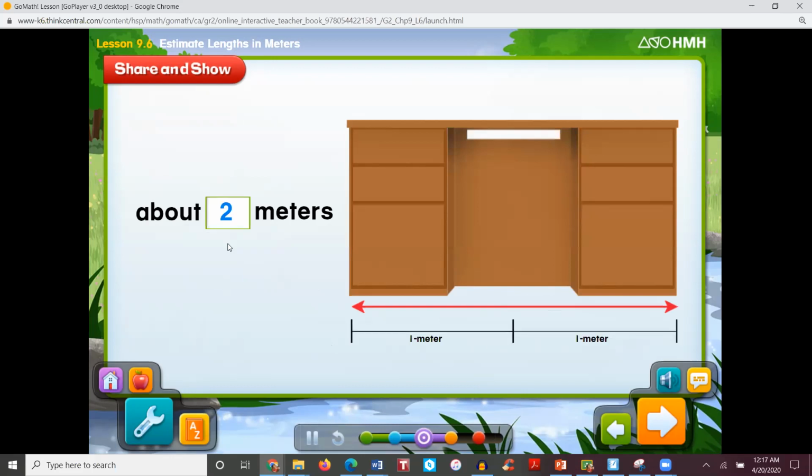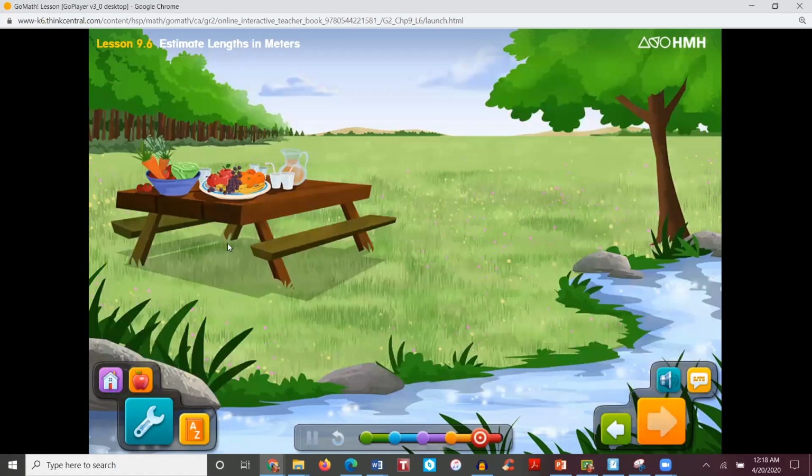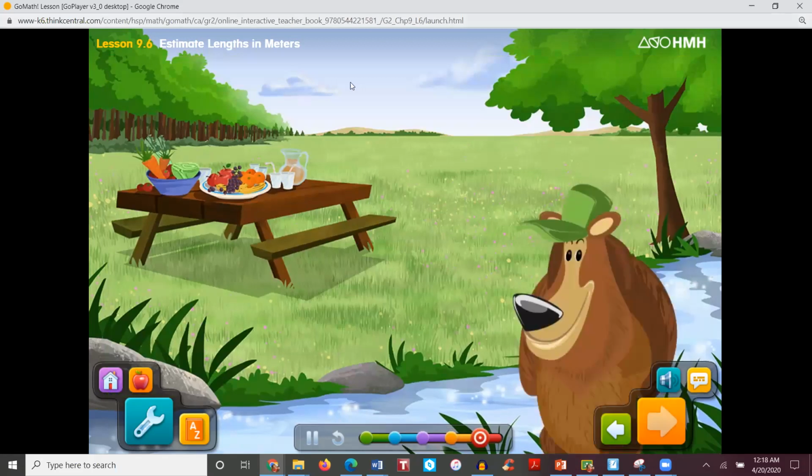That's right. It would take about 2 meter sticks placed end to end to measure the length of the desk. Now let's practice with the personal math trainer. Now try your homework on. Thanks for helping me estimate the length of the picnic table in meters. See you soon!